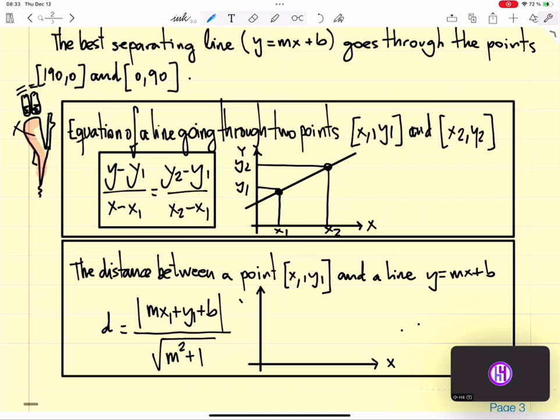So we have the distance right there, and the equation of the distance between this line and this point being this x1, y1. This is the distance.